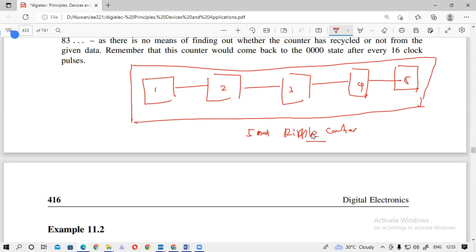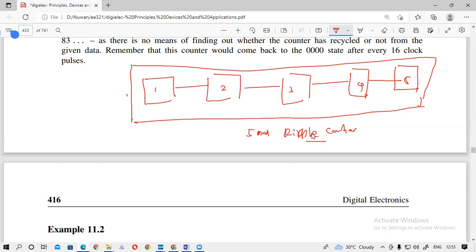Say that using this counter you need to count something. It may be any value.